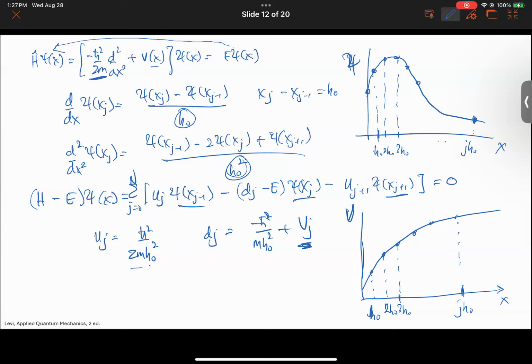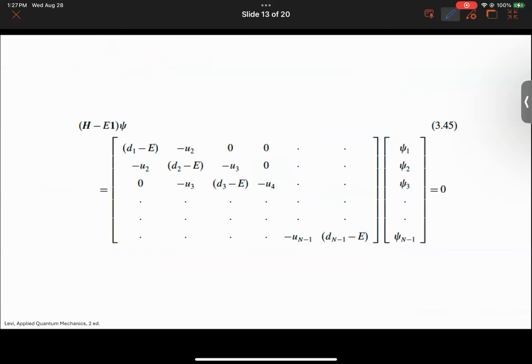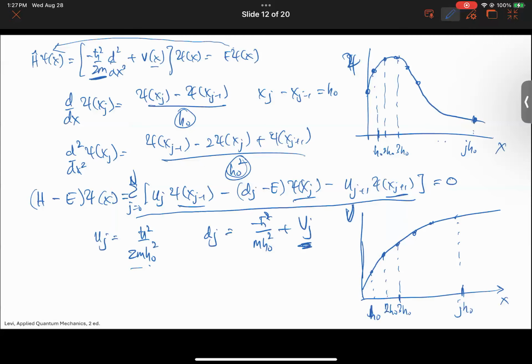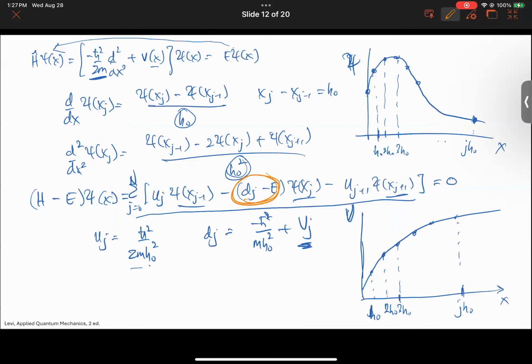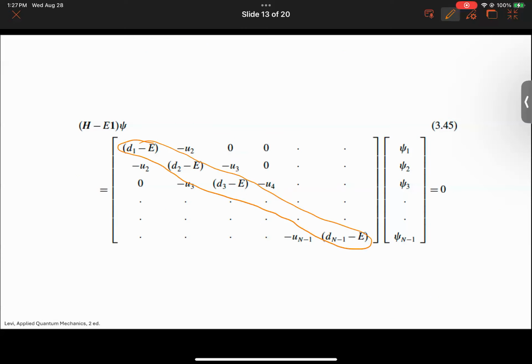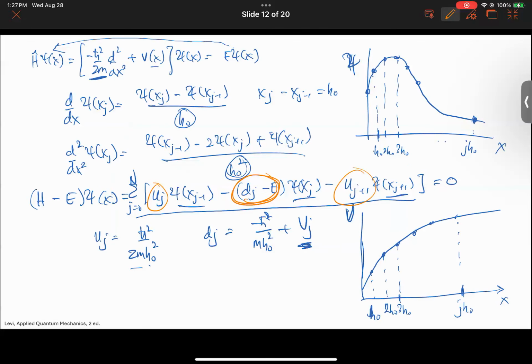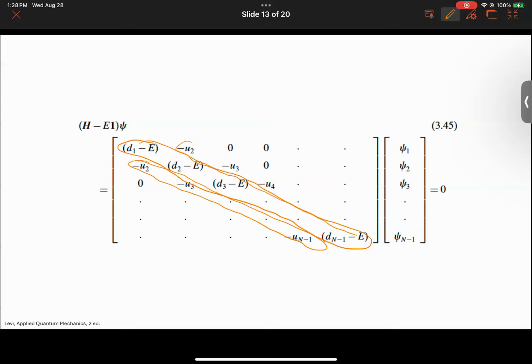So this actually is a matrix, which we can write like this. The nice thing here is that this term is the diagonal elements of the matrix, and this term is the off-diagonal elements, down here. This term is the next adjacent off-diagonal elements.